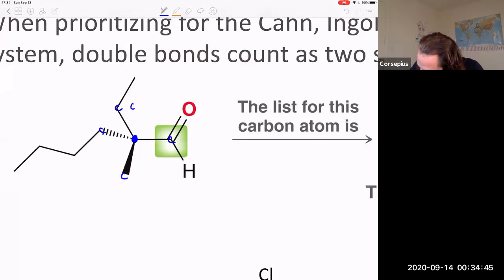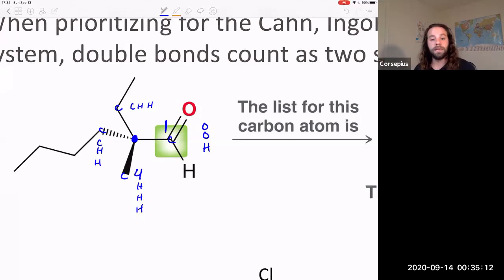Here we have C, H, H, here we have C, H, H, and here H, H, H, and here O, O, H. Okay, so right off the bat, I can assign priority 1 and priority 4. Priority 1 is going to go to this carbon right here because it's bound to that oxygen. And priority 4 will go to this carbon here because it's only bound to hydrogens.